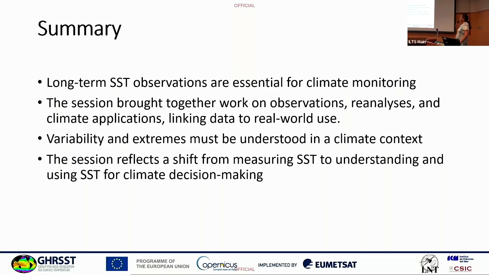The session reflects a shift from measuring SST, because for some satellite sensors we now have records of more than 40 years. So now we are able to get climate information from these data sets, shifting from measuring SST to understanding and using it for climate decision making. So thank you, that's from me.